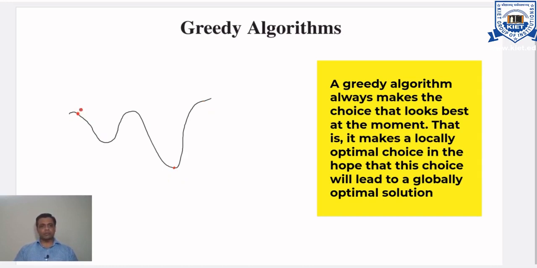Just follow what the gradient descent method says: wherever you are standing, look at where the slope goes. If it is downward, move in that direction where the slope is going down.